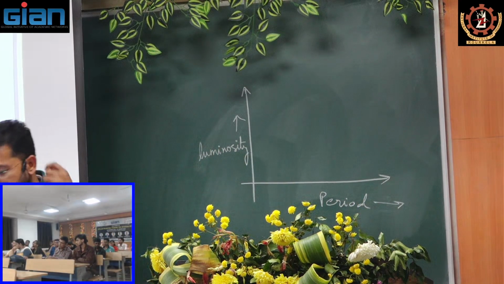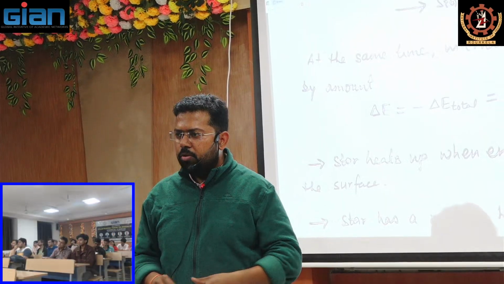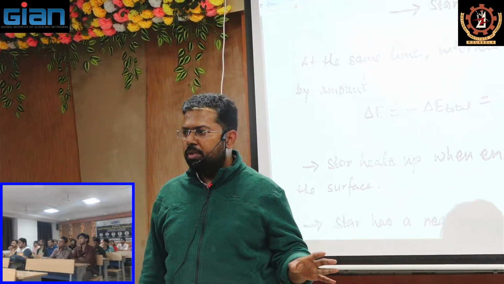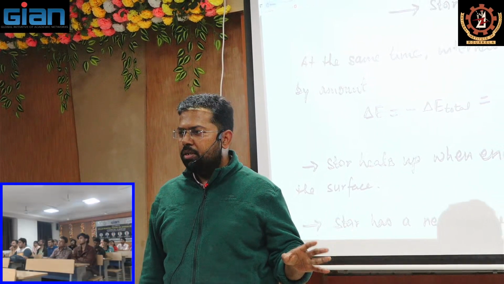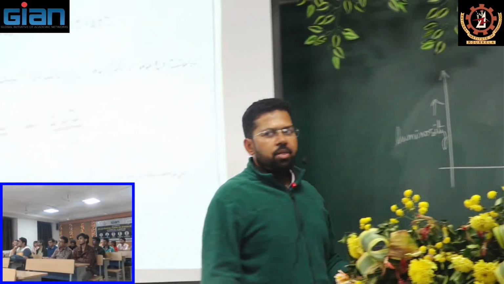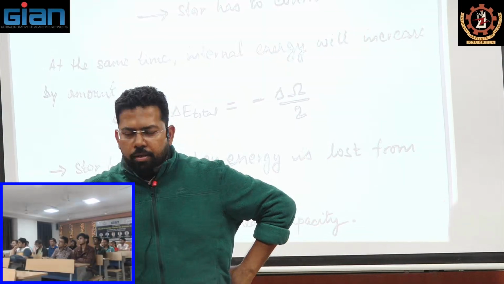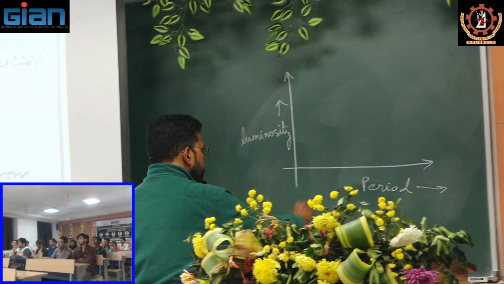How should the period and luminosity be connected to each other? I'm not going into the details. I'm just saying what the argument is for distance determination. The basic idea is that these Cepheid variables are a very special class of variables, and there is a relation between period and luminosity.